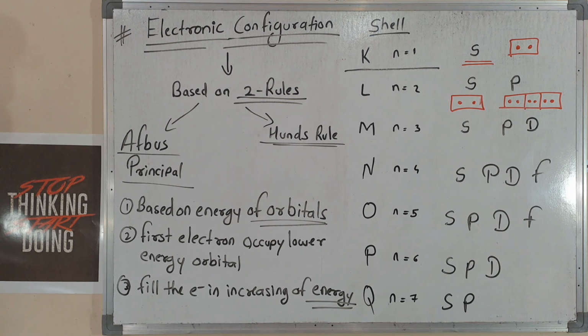Fill the electrons in the increasing order of energies of orbitals. We can understand this Aufbau principle by taking one example.